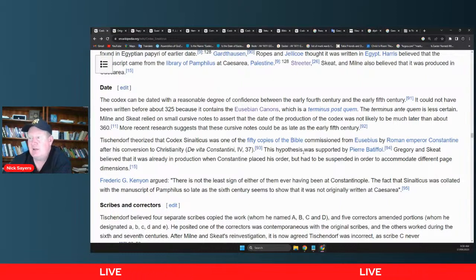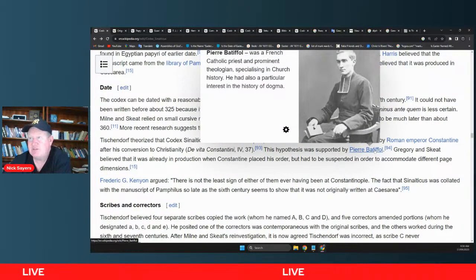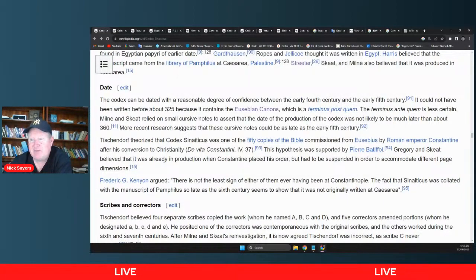This hypothesis was supported by Pierre Batiffol. So that's him there. He's a French Catholic priest and prominent theologian. Gregory and Skeet believed it was already in production when Constantine placed his order, but had to be suspended in order to accommodate different page dimensions.